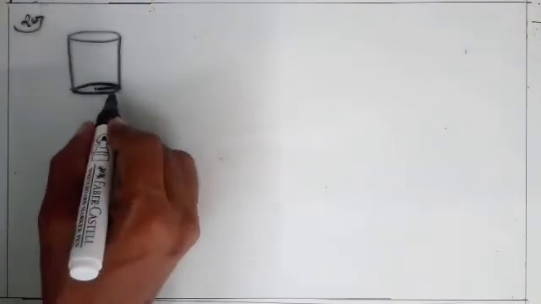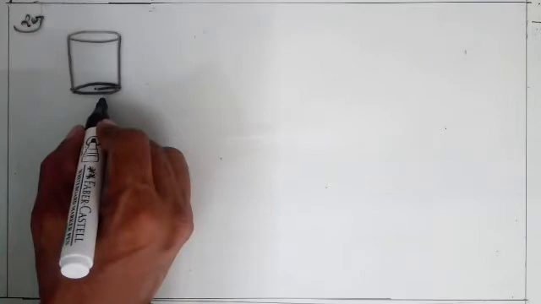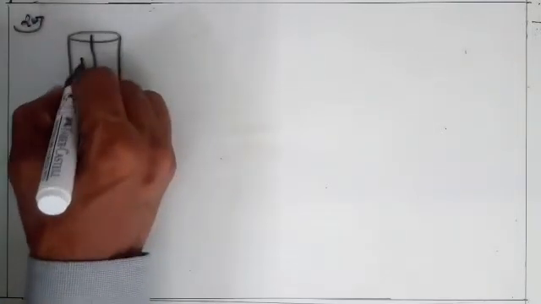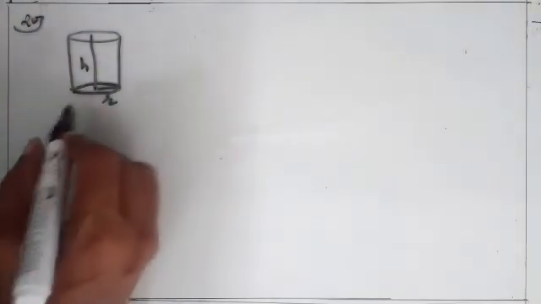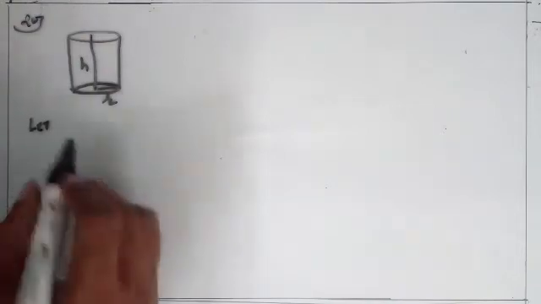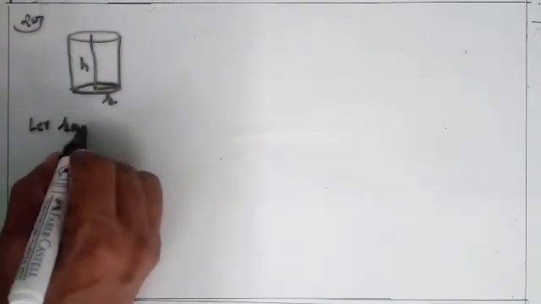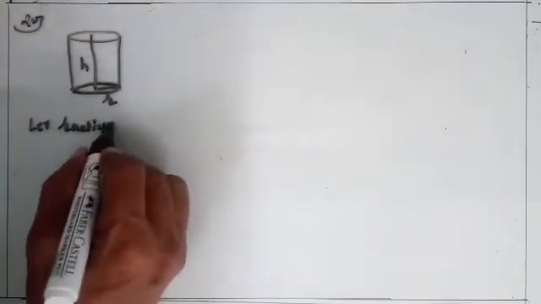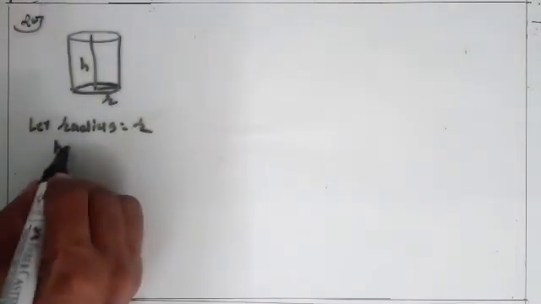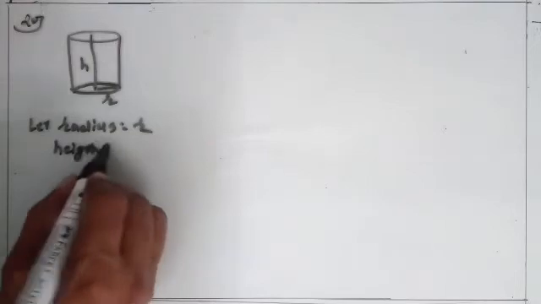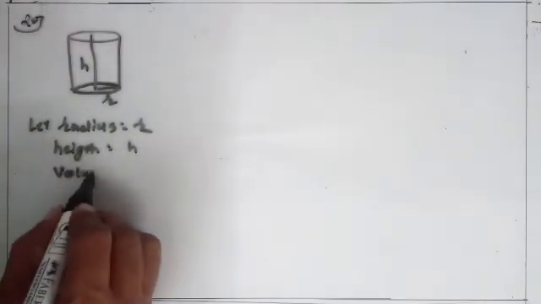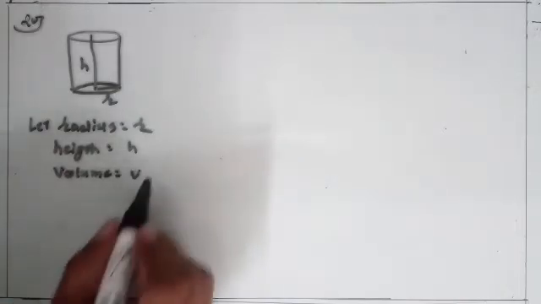Suppose the radius of a cylinder base is equal to r, height is equal to h, and the volume is equal to v. So let radius is equal to r, height is equal to h, volume is equal to v.